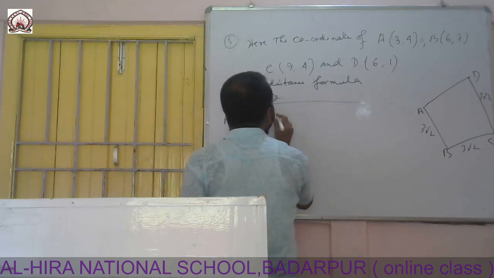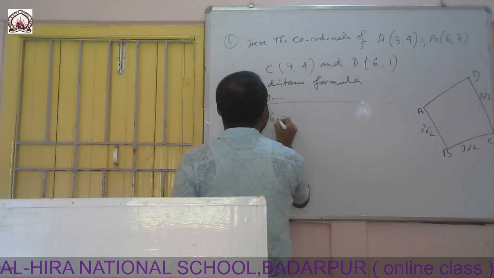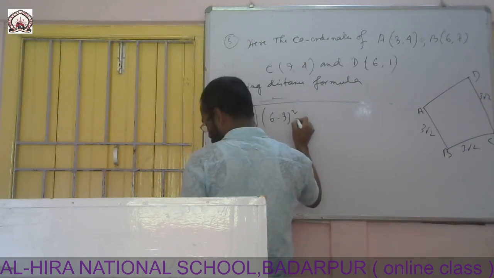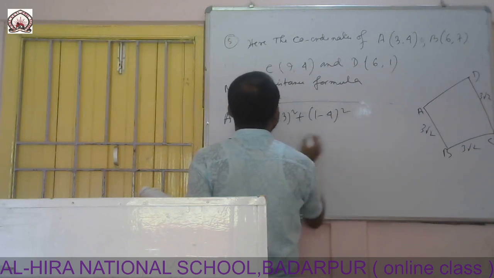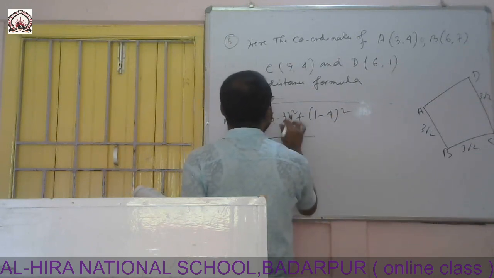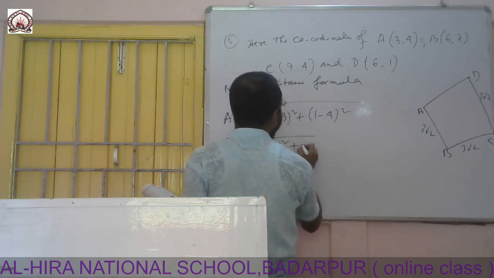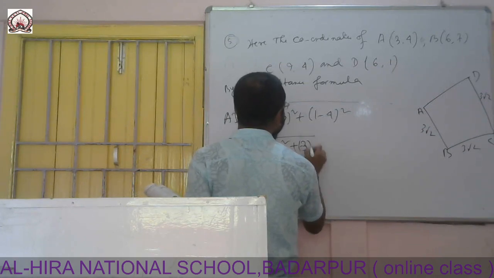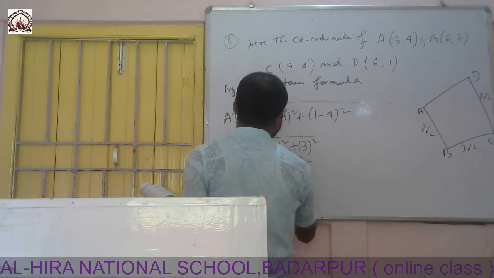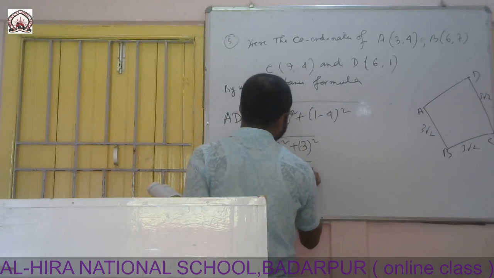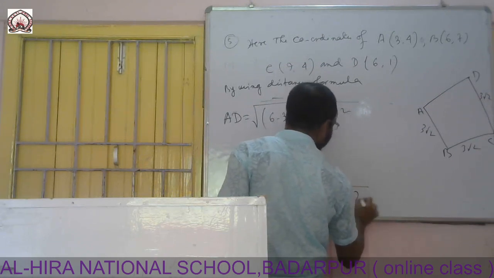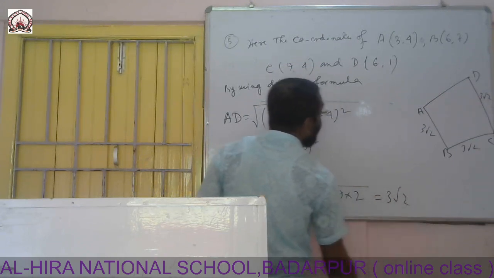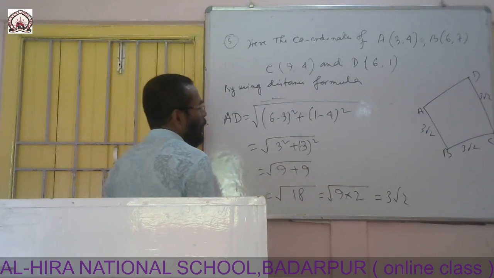So x4 minus x1 is 6 minus 3 whole square plus 1 minus 4 whole square, which is 3 square plus minus 3 whole square. Then 3 square is 9 plus 9 is equal to square root of 18. 18 is 9 into 2, again 3 root 2. So we are getting all the sides are equal.